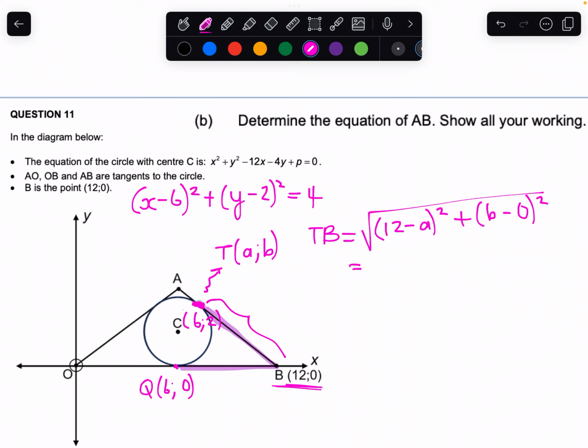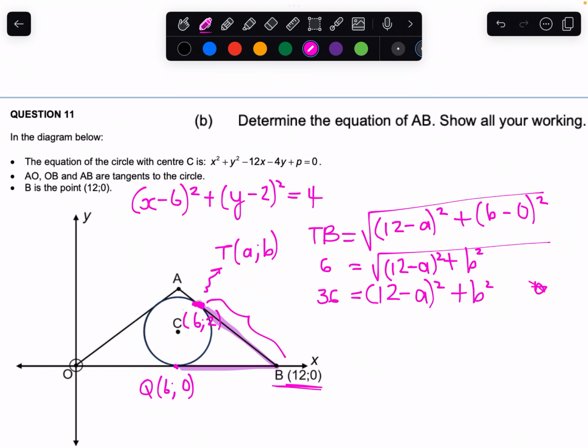So that will be 12 minus A squared plus B squared, and we would know that TB is 6. I'm just writing it out in rough as a start, and if it looks like it will give me something, I'll come back and tidy up.